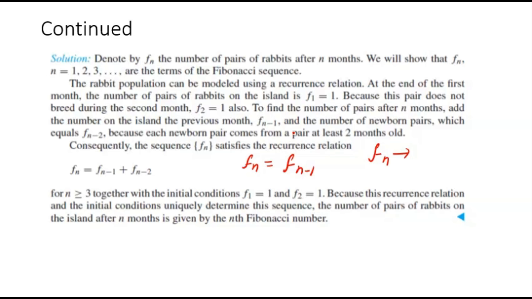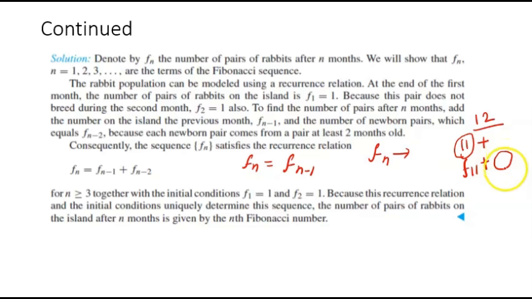So let us understand it through a simple example. Suppose I ask you how many pairs of rabbits will be there at the end of the 12th month. The total number of pairs at the end of the 12th month will be equal to the total number of pairs at the end of 11 months plus the number of pairs which will be produced during the 12th month. So F11 will remain, plus we are also going to have those pairs which are being produced during the 12th month.